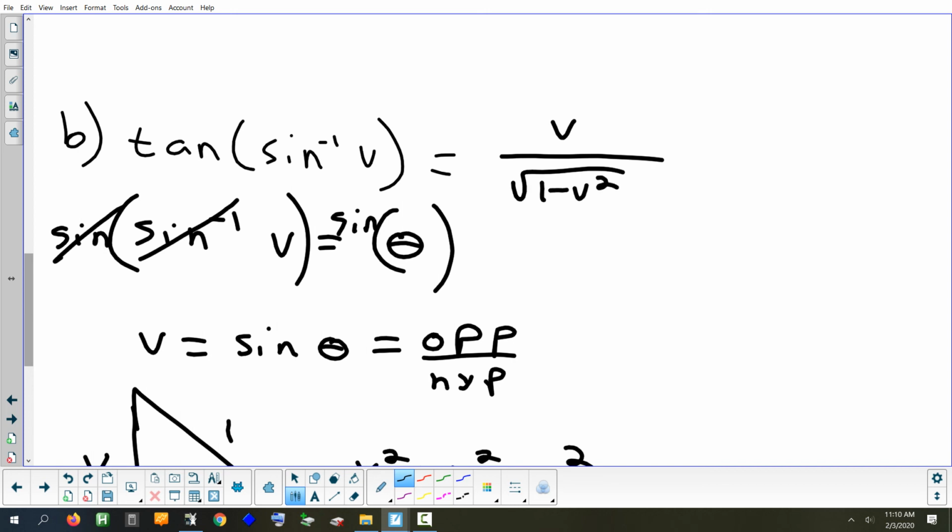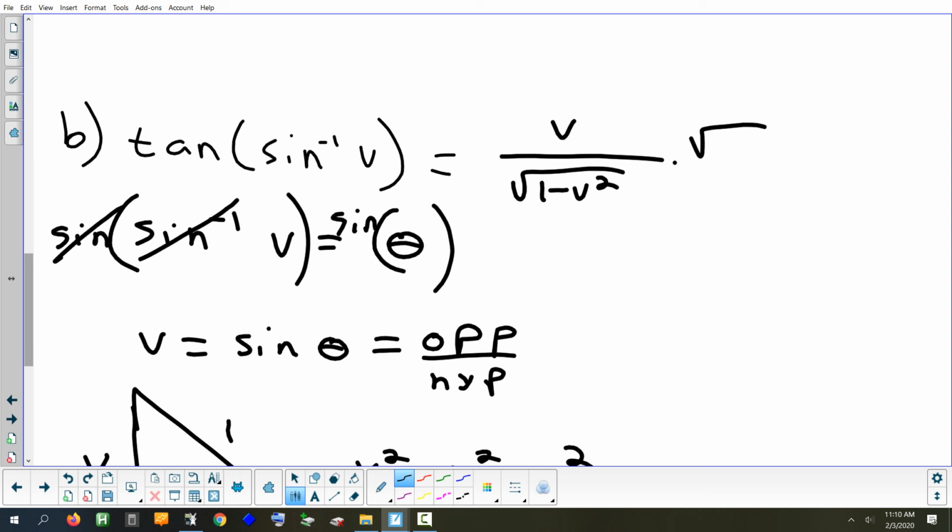Now, as far as getting rid of the trig, we're done. But we can't leave that as our final answer. What happened there? It didn't happen in the last problem, but I told you when we did the warm-up that it could happen, and it did here. There's a square root in the bottom. We can't leave that square root in the bottom. And I think it was Jared during the warm-up told us how to fix it.